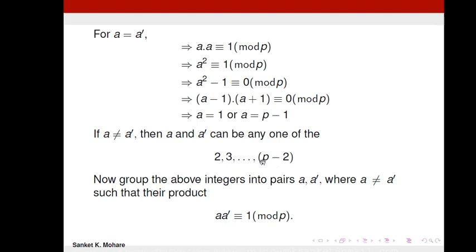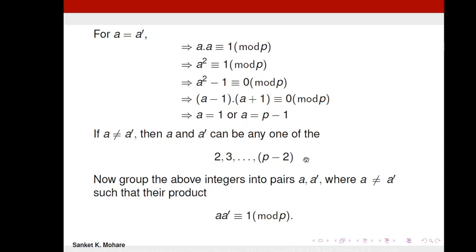Now we group the above integers into pairs a, a dash, where a is not equal to a dash, such that their product a times a dash is congruent to 1 modulo p. Now whatever the remaining integers are here, 2, 3 up to p minus 2, how many total integers are here? Here we omitted 1 and p minus 1.